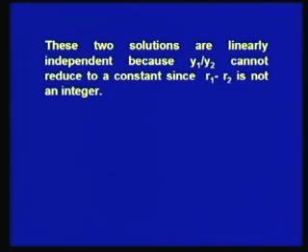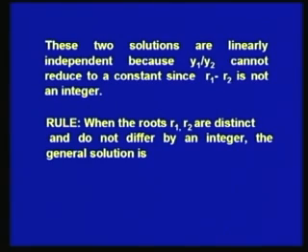Now these two solutions y1(x) and y2(x) are linearly independent, because y1 over y2 cannot reduce to a constant, since r1 minus r2 is not equal to an integer.